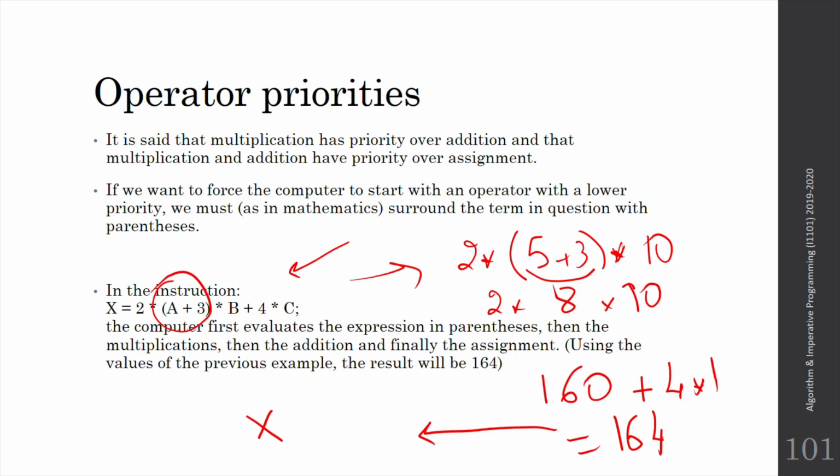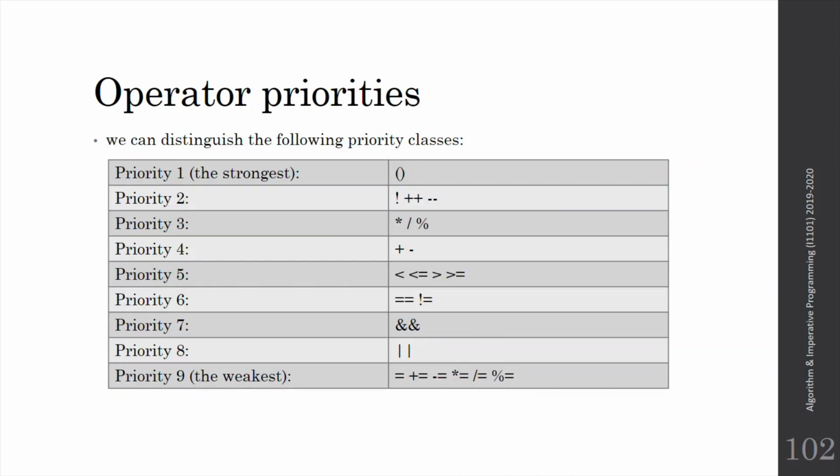So this is just a very simple example. However, in C, we have multiple operators, and thus we have multiple priorities. The strongest is at the top of this table, and the weakest ones are at the bottom.